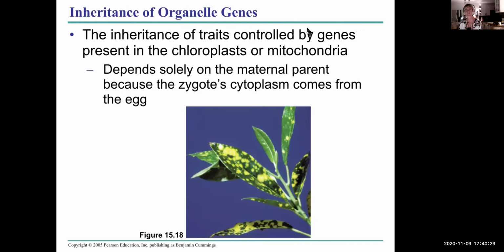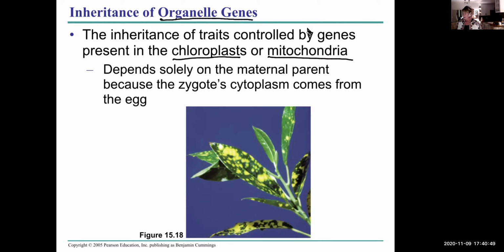We're not going to talk about imprinting in this part of the course, but organelle genes are interesting because they are present in chloroplasts or mitochondria. As we said before, the mother's mitochondria are inherited by all of the offspring.